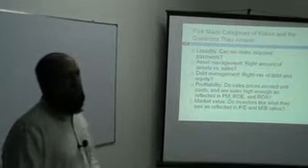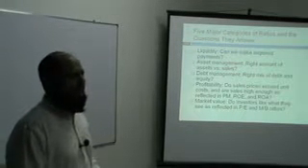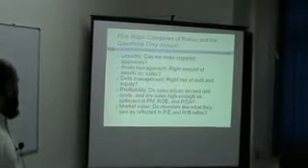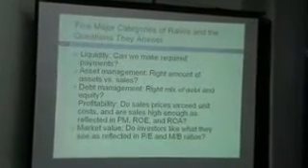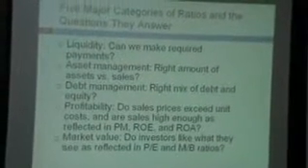Okay, these ratios can be divided into 5 major categories. One is liquidity ratios. Liquidity ratios tell us whether the company is able to meet its short-term obligations, whether it has the strength to fulfill them. Asset management ratios show how efficiently the company is utilizing its assets in generating sales and net income.